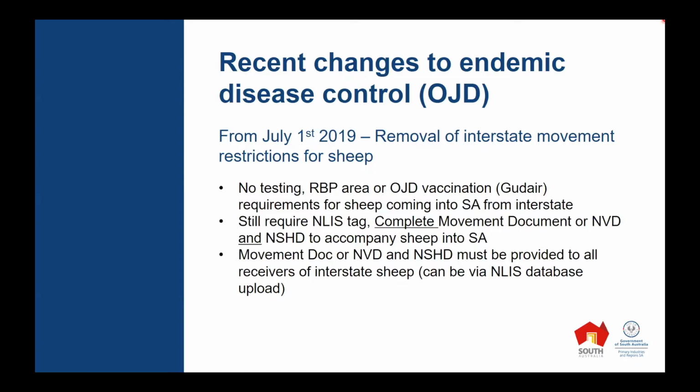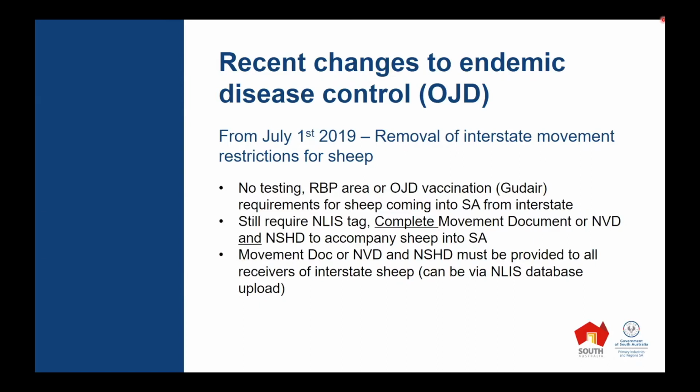The movement document, NVD, and sheep health statement must be provided to anyone who receives sheep from interstate. That can be via an NLIS database upload if those documents are scanned and transferred over to your property identification code, but they've also got to be with the animals as they come across our borders.